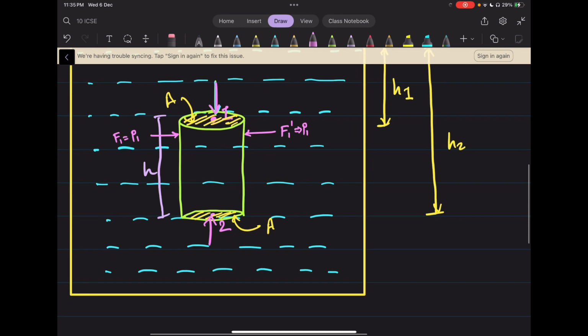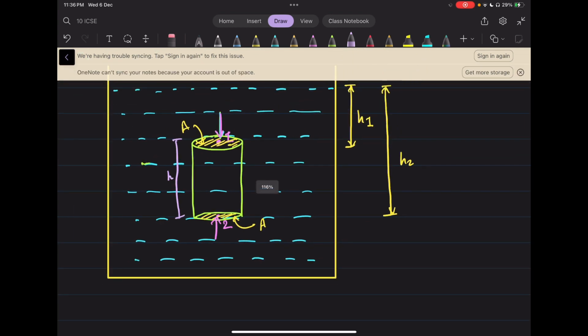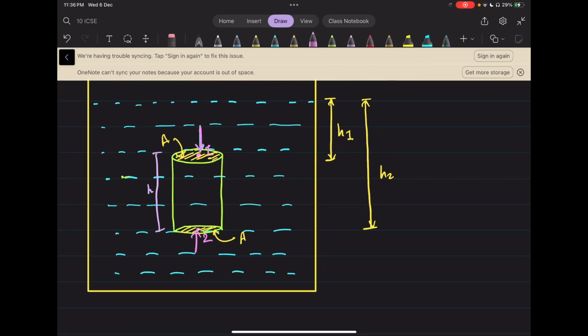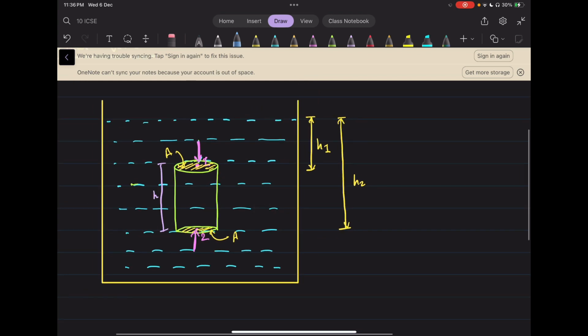As we know, the pressure is the same, so F1 and F1 dash will be the same, so they will cancel each other. At every height there will be the same force, so we don't need to calculate any force around the curved surface area. So now we will only calculate the force exerted at the top surface and bottom surface of the cylindrical body. Okay, let's go.